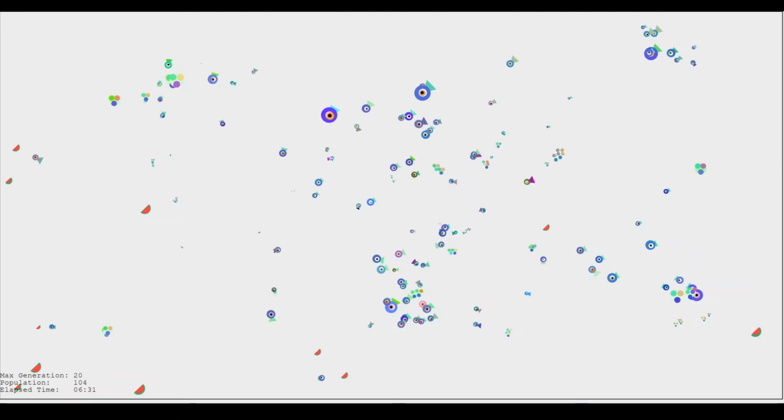I've paused it here. We're 20 generations in, 6.5 minutes. Population of a little over 100, and we can see really well the traits, the genes of the pucks that are very successful, represented by the colors they are.